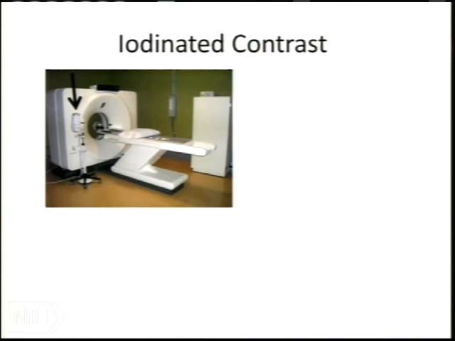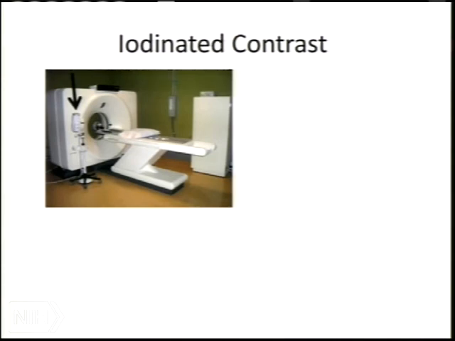So that sort of brings us to this topic of iodinated contrast. This is the contrast agent that's injected at the time of a CT to opacify the vessels, and because tumors are vascular, tumors will light up as well. So very commonly, if you walk into a CT scanner suite, you'll see the gantry and the table, and this device that's standing right next to it, which is the intravenous injector or pump.